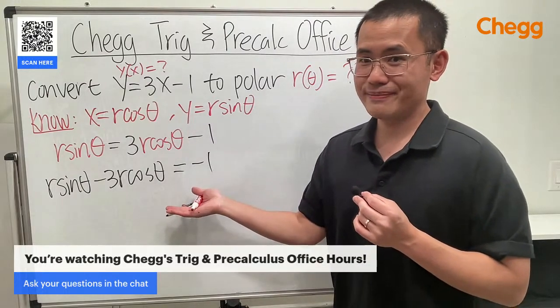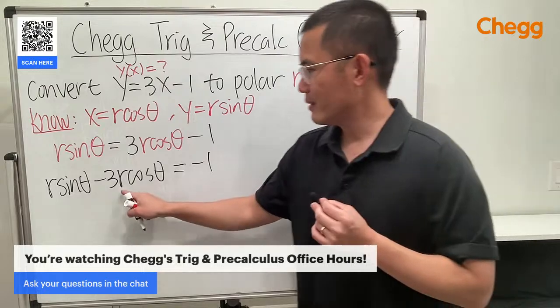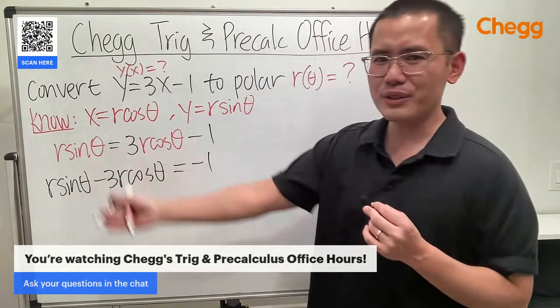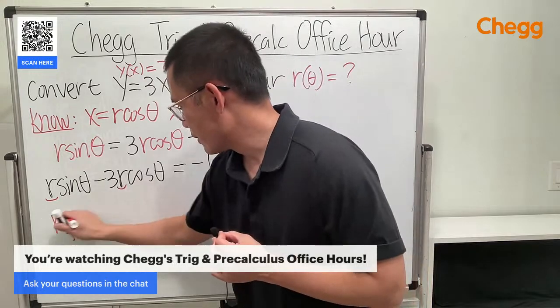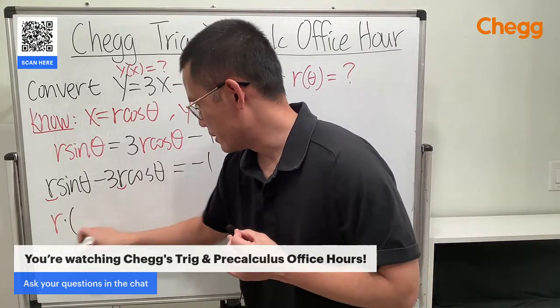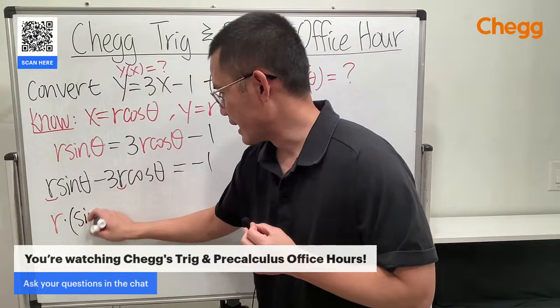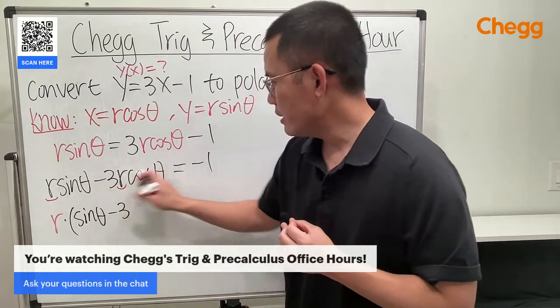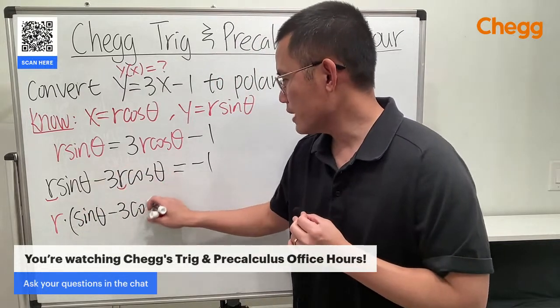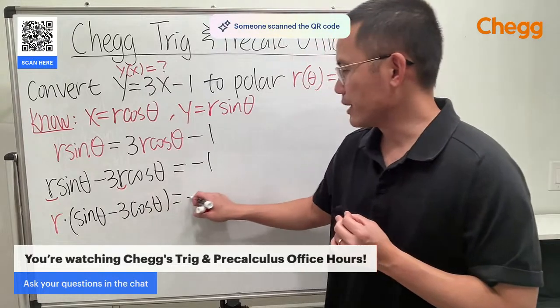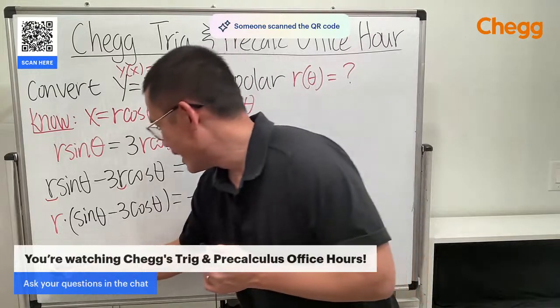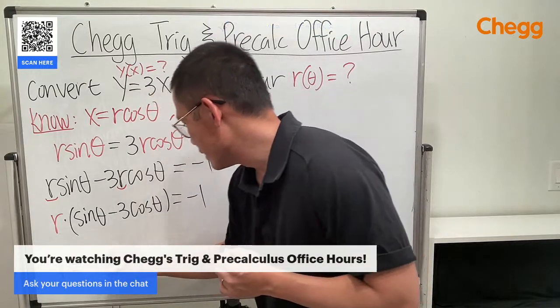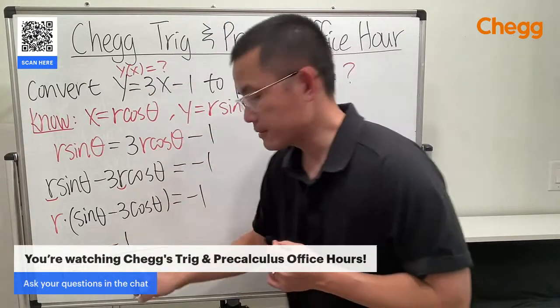What can we do next? We have r and r here, so we can factor out the r. Factor out the r, and we have sine theta minus 3 cosine theta, and that's equal to negative 1. Then divide this to both sides, so r by itself equals negative 1 over that.